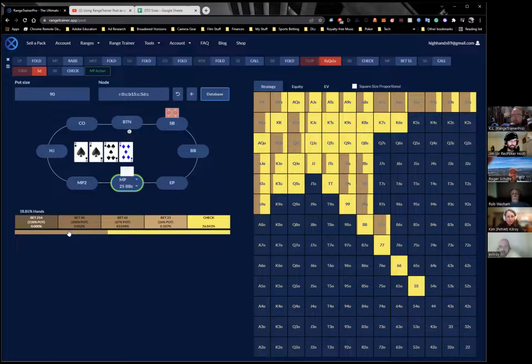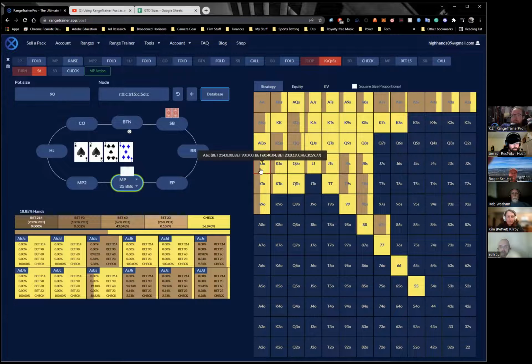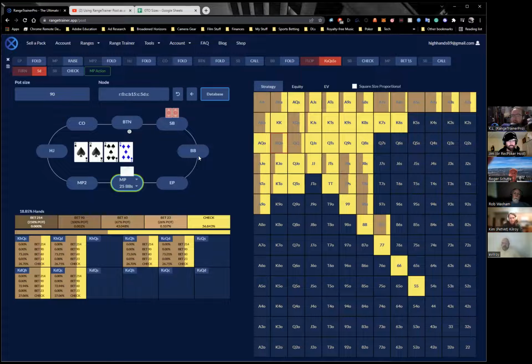if you have the ace of spades, you're always betting, and you're always betting 2/3, basically every single time. If you have king queen, you're always betting, basically period.